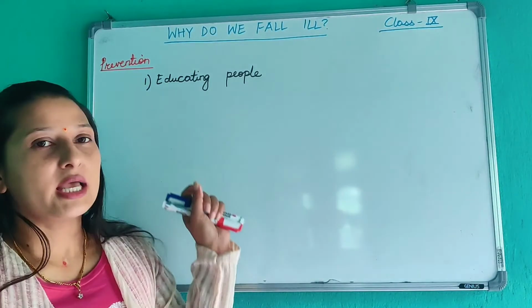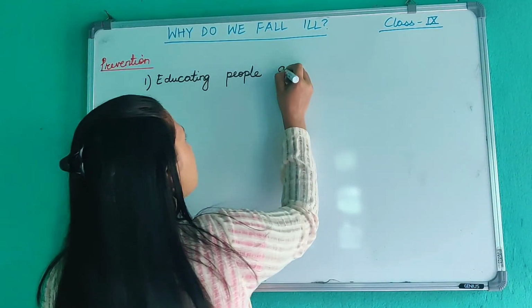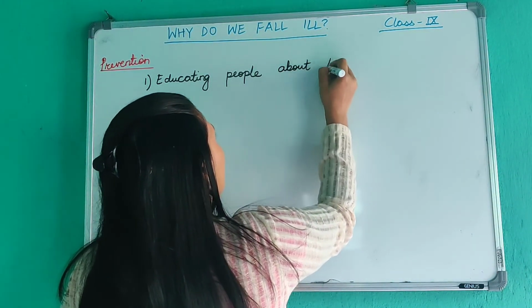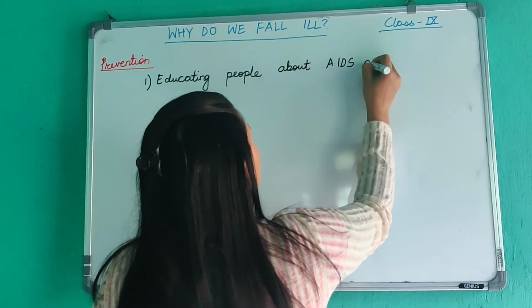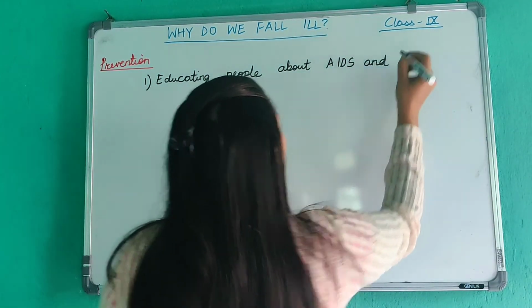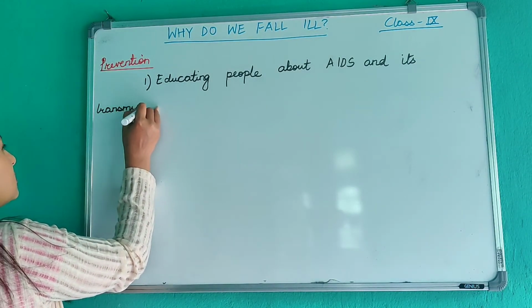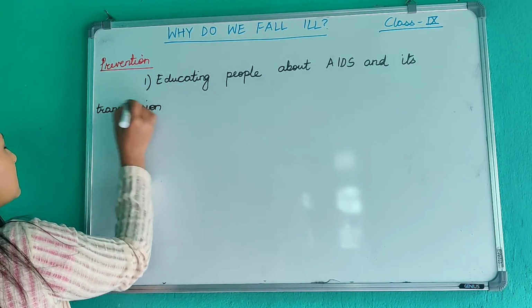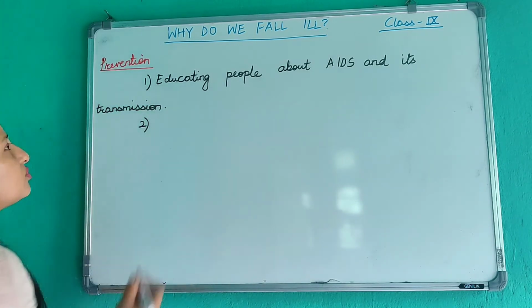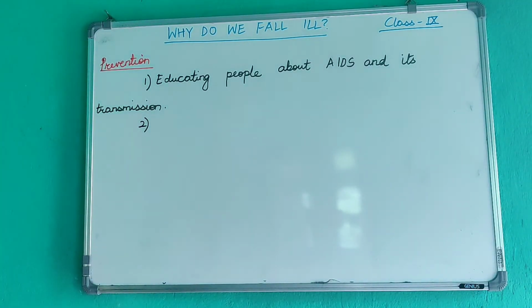So we have to educate people about AIDS and its transmission. If people become aware about the disease, then it can be prevented to a large extent.